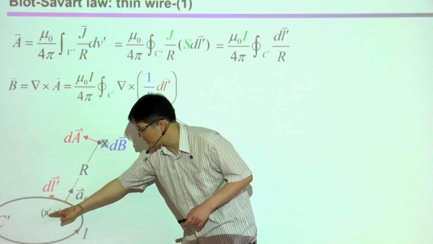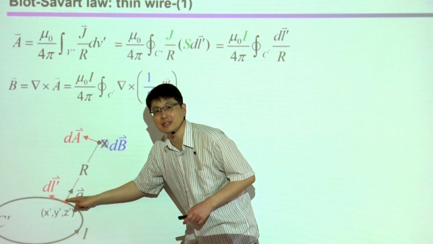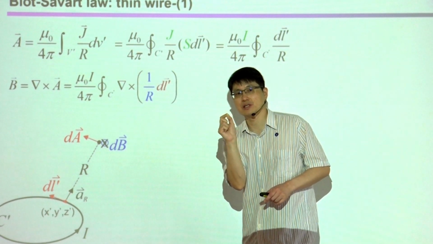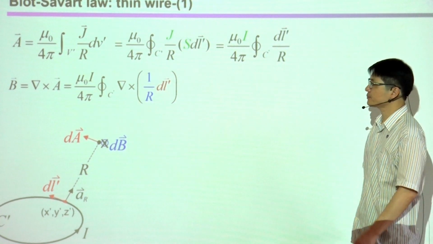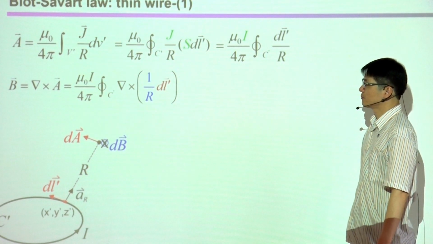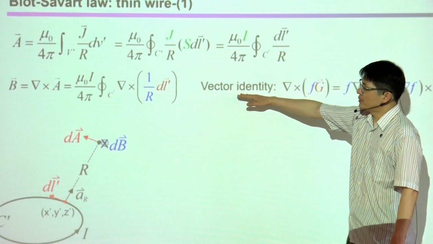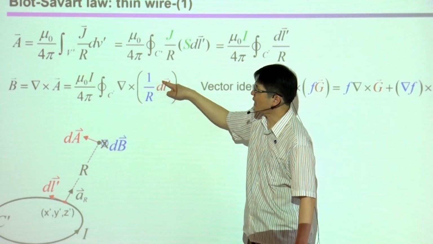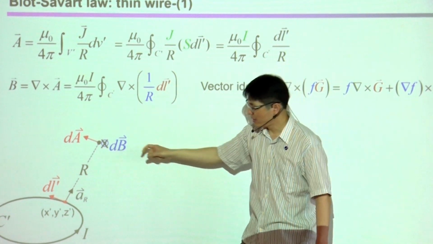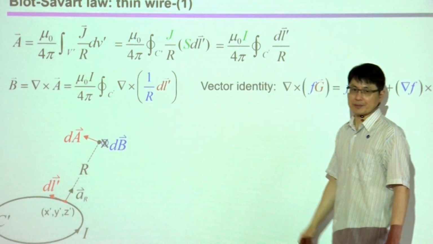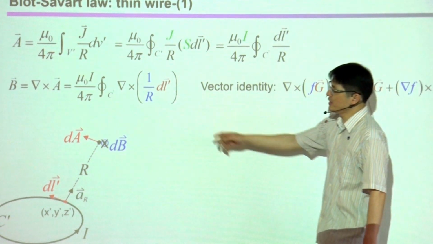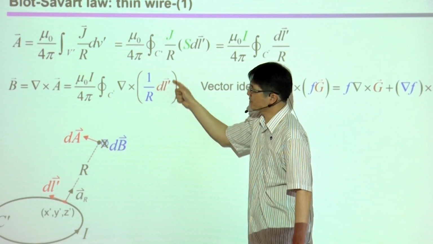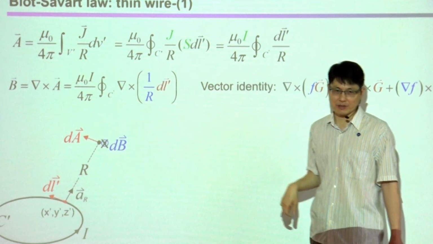The primed location means x prime, y prime, z prime to denote a point on the current loop. So by now, I have the curl operation on 1 over r times the differential length on the loop. So basically, these are two different quantities. This is a vector, 1 over r is a scalar.